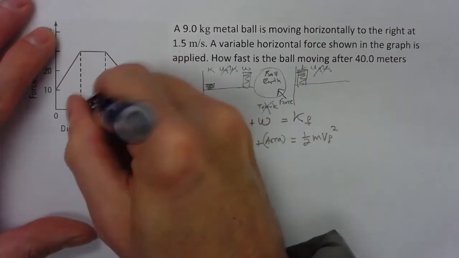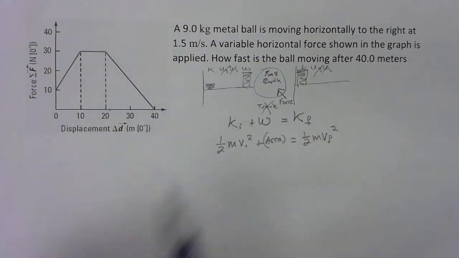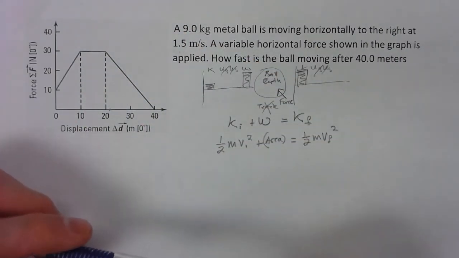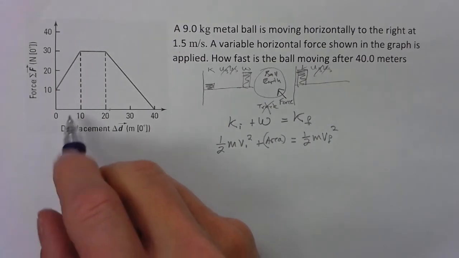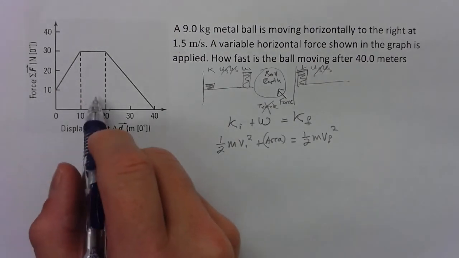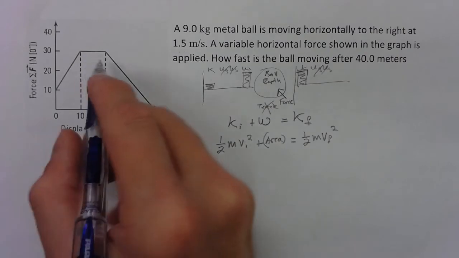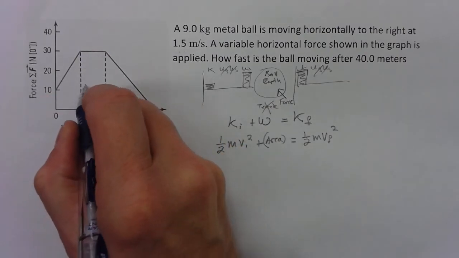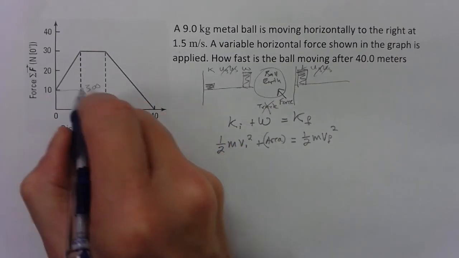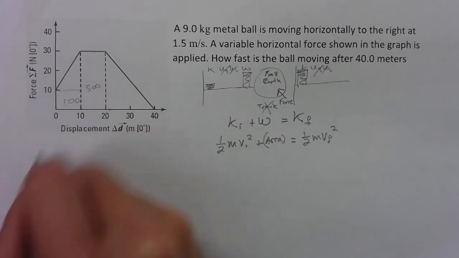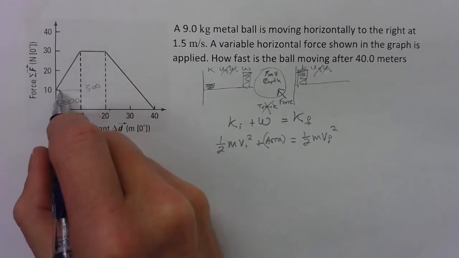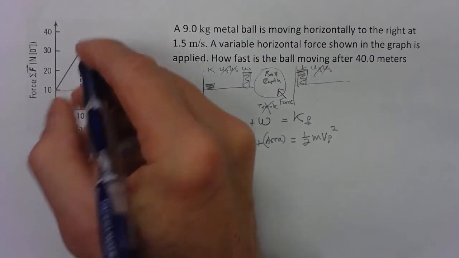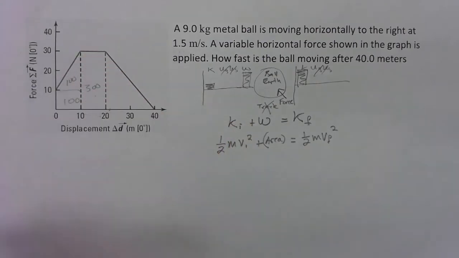All right, so what is this area? We've got a trapezoid here. You could remember the equation for a trapezoid, or you could just do the square here in the middle. This is a width of 10 and a height of 30, so that's 300, right? This is a 10 times 10, that's 100. This triangle here is a width of 10 and a height of 20, so it's 100, right?